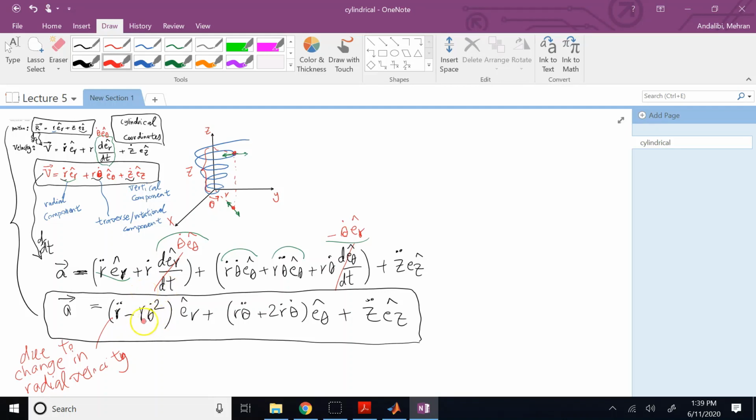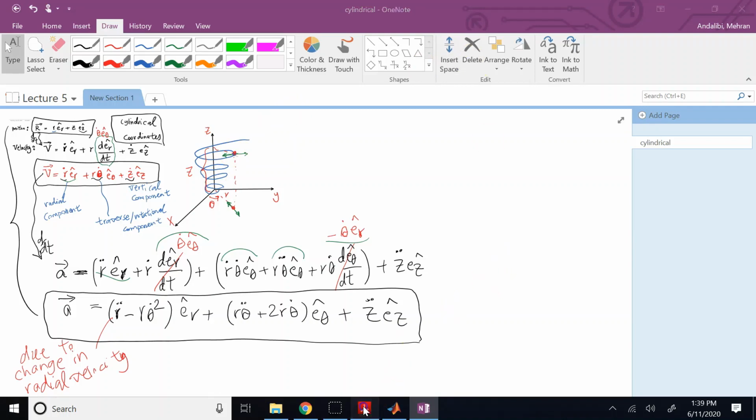Do you remember this term? R omega squared, or r theta dot squared, and the direction of it is negative e_r. So instead of being radially outward, it is radially inward toward the axis of rotation.